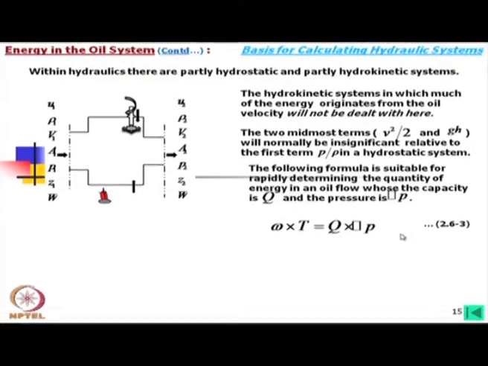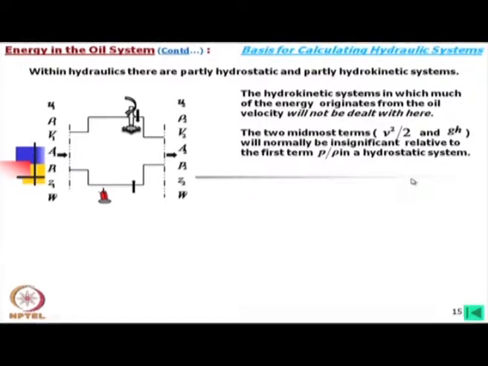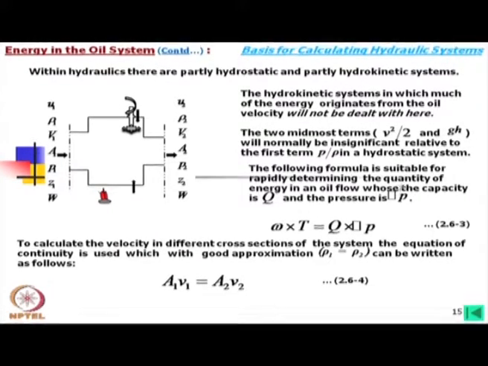Now, the following formula is suitable for rapidly determining the quantity of energy in oil flow, with the capacity Q and the pressure, this is delta P, the differential pressure.